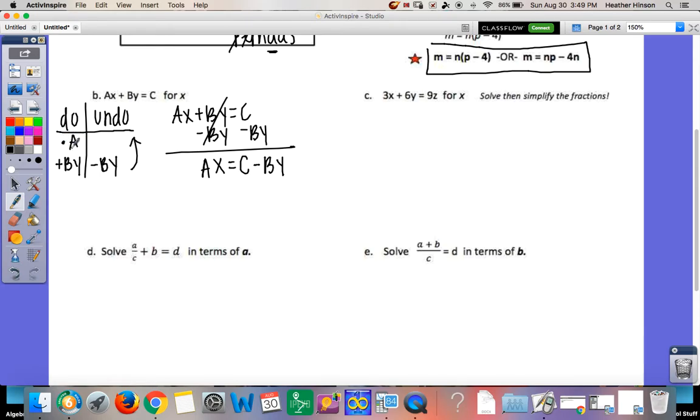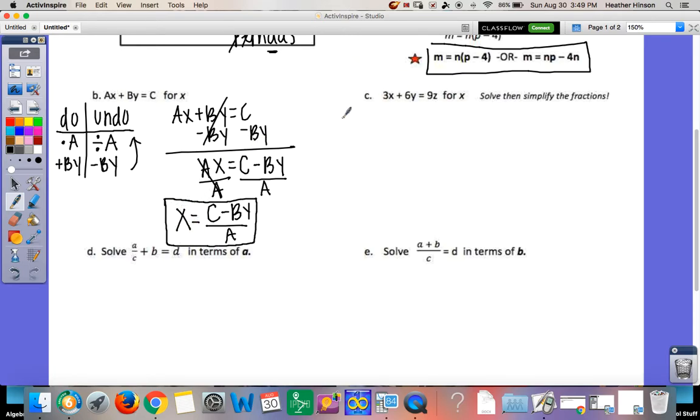Then instead of multiplying a, the opposite of that is division. So we're going to divide a, and we're going to divide it on both sides. So it'll cancel out on the left and leave us with x. And then on the right, we can't simplify this or anything because they're just letters. So we just write it all down. And that is it. We're just getting everything in terms of x. We want x to be all by itself.